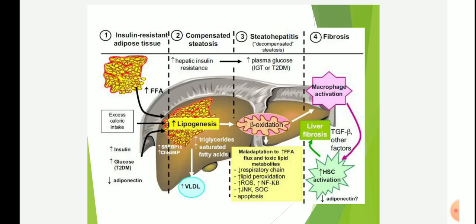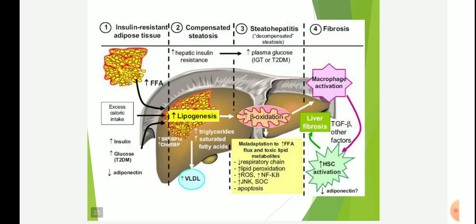With increased hepatic insulin resistance leading to increased plasma glucose levels, leading to steatohepatitis, finally causing fibrosis. So this is a very beautiful diagram wherein there is expression of increased insulin secretion leading finally to lipogenesis.